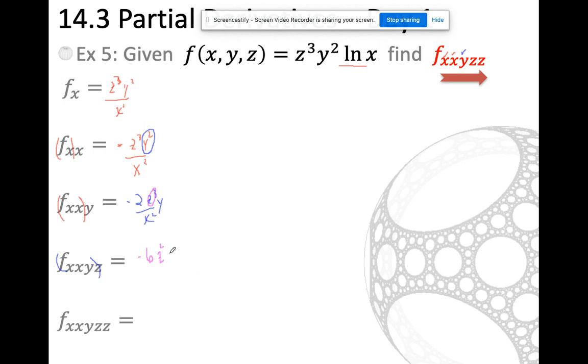Subtract 1 from the exponent. Now I have to take that expression and hold z constant again. What's the derivative of a constant times z squared? Bring down the 2, multiply it times that constant.